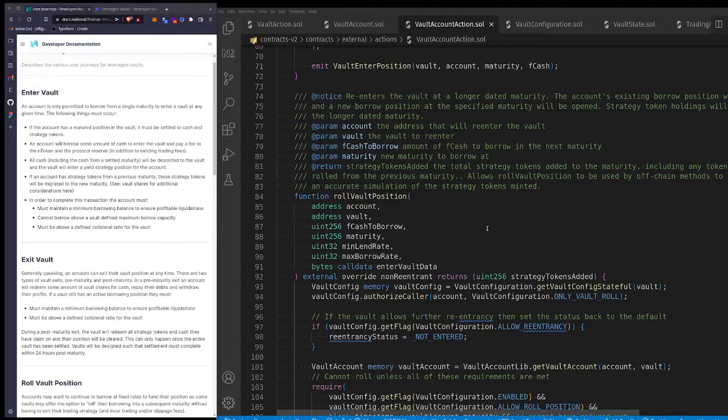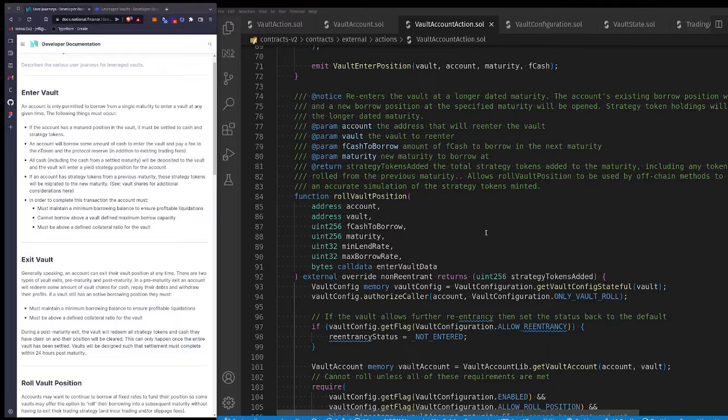Now we'll take a look at the third and final action that an account can take, which is roll vault position. Not all vaults will be allowed to roll their position forward. Certain conditions need to exist regarding how the yield strategy is constructed, such that rolling is not going to mess up any accounting, and the yield position is actually fungible between maturities.